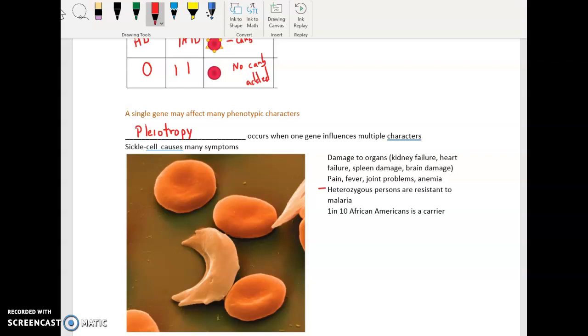And so 1 in 10 African Americans is a carrier for sickle cell because it has this benefit to people who have just one copy of the gene. This is a normal cell, and sickle cell causes normal cells to sickle, and they don't flow through the vessels properly, they get stuck, and you have all sorts of trouble.